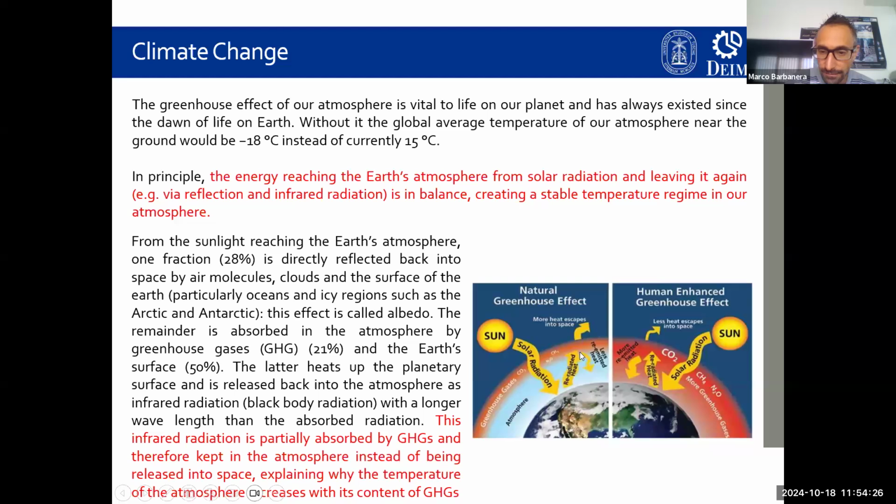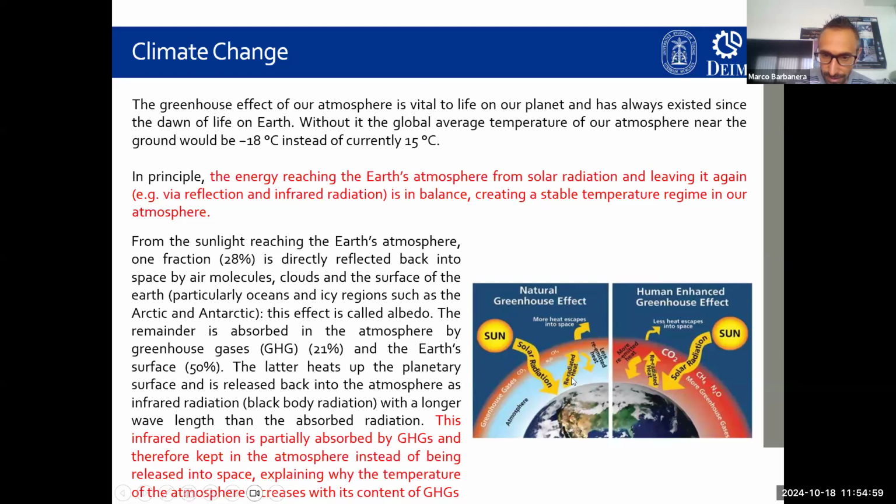So now we have the problem about the huge amount of greenhouse gases in the atmosphere. In fact, this infrared radiation is partially absorbed by greenhouse gases and therefore kept in the atmosphere instead of being released into space.